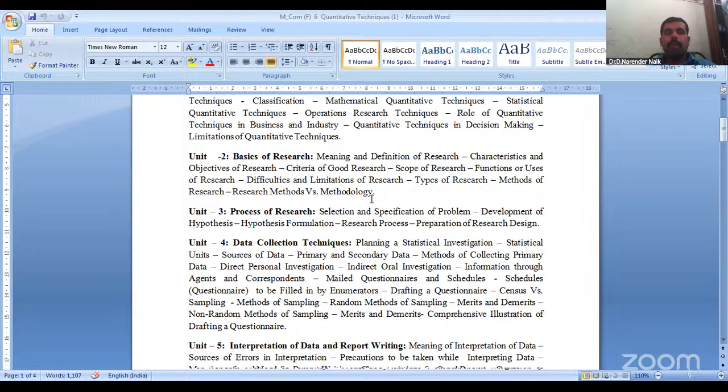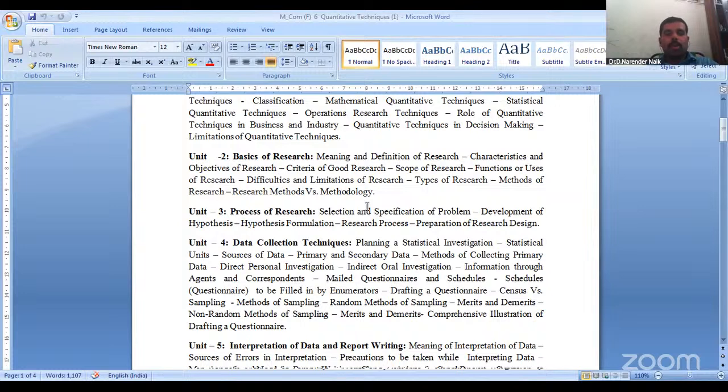So here, meaning and definition of research, characteristics and objectives of research, criteria of a good research, scope of research, functions or uses of research, difficulties and limitations of research, types of research, methods of research, research methods versus methodology. Okay, so in unit number 2 we are going to see the basic introduction about research, the complete introductory part of the research.